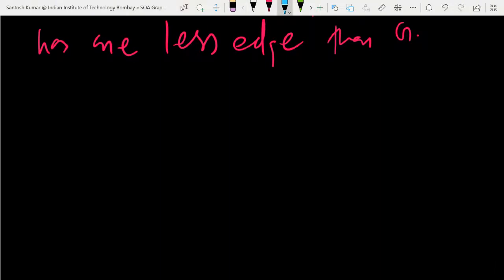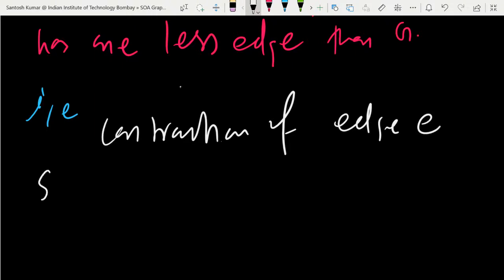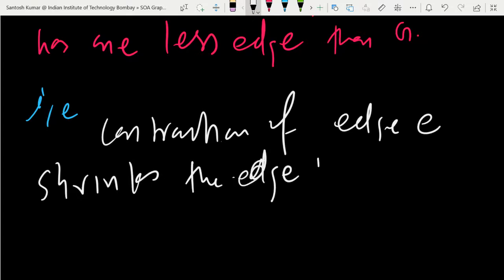So this much you can write in simple words: contraction of edge E shrinks the edge to a single point, a single vertex.